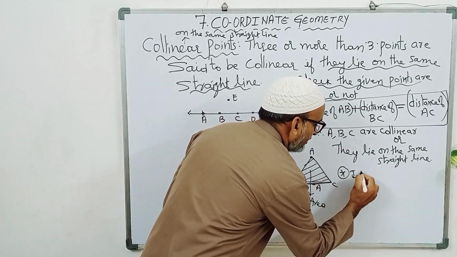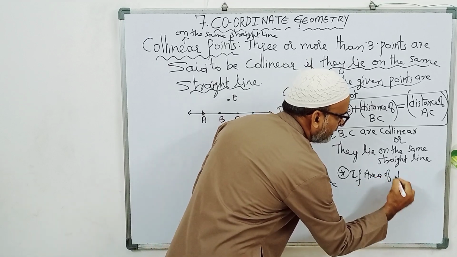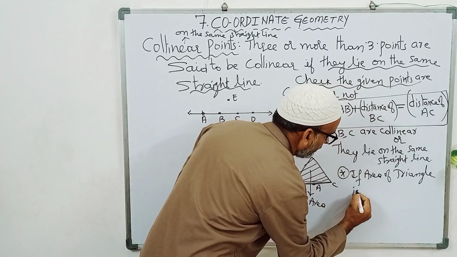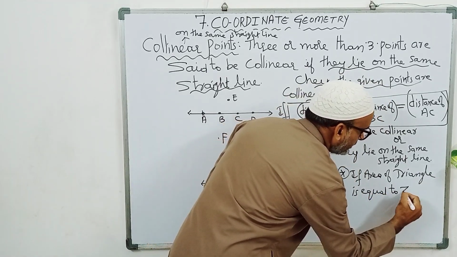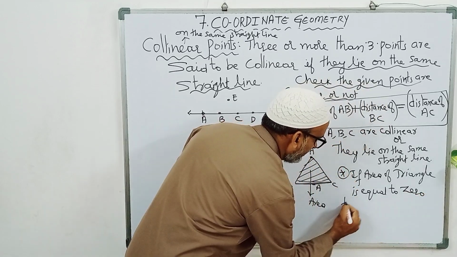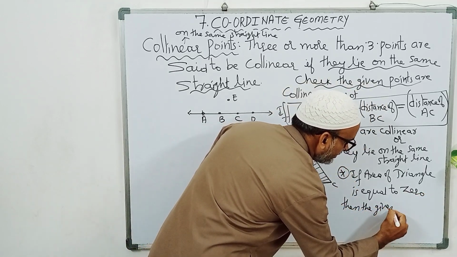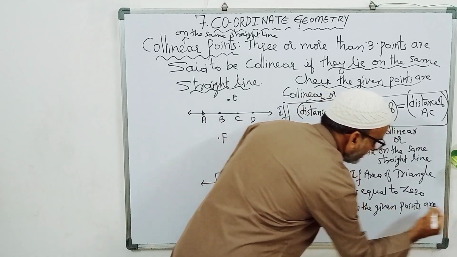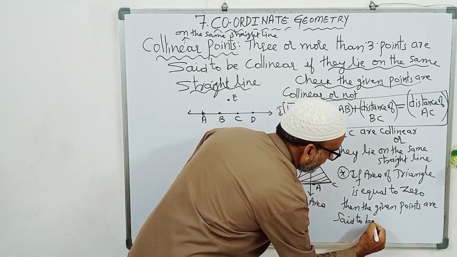If the area of the triangle is equal to 0, then the given points are said to be collinear.